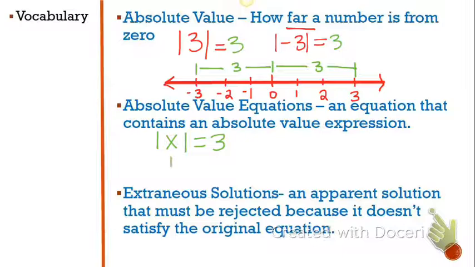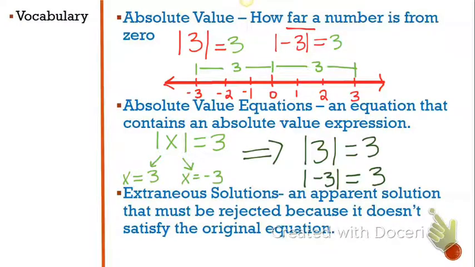So what number could we put in here that will give us the number 3? If you look at this number line, we have 2 options. X could either equal +3, right? Or it could also equal -3. Okay, so this is what we're basically going to be doing.